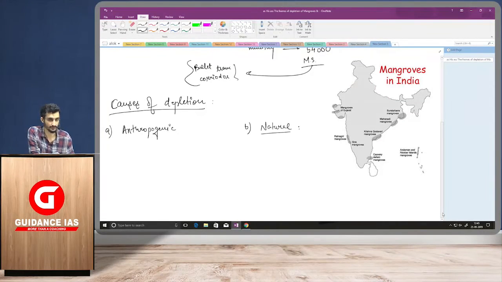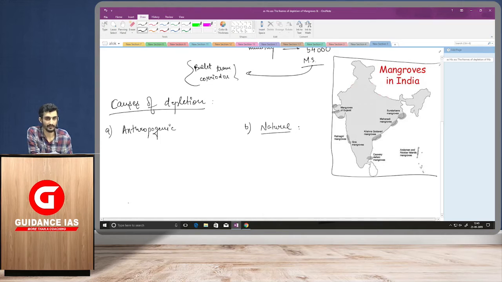Again, since it's a geography question, we can give a map and box it like this, showing the major mangrove distribution in the country, and we can mark the destruction zone of this 54,000 affected mangrove species in case of development of bullet train corridor.